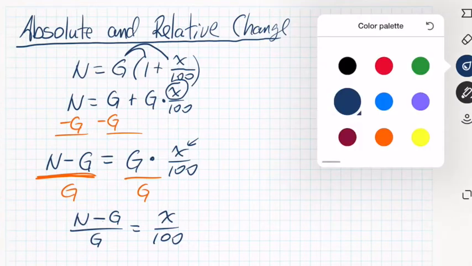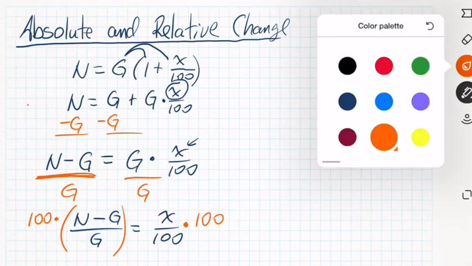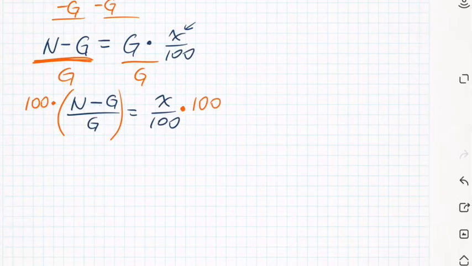So to get x by itself now, I just need to get rid of the divide by 100. The opposite of dividing by 100 is multiplying by 100, so I'm going to multiply both sides by 100, the only number in the formula. And I'm going to flip the sides around, so I'm going to write x on the right-hand side.